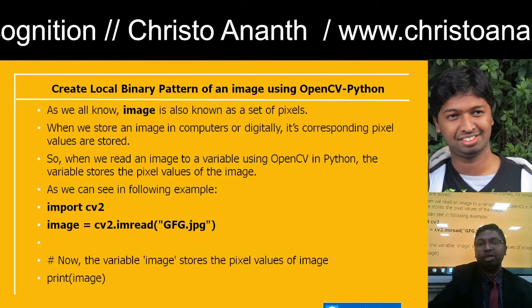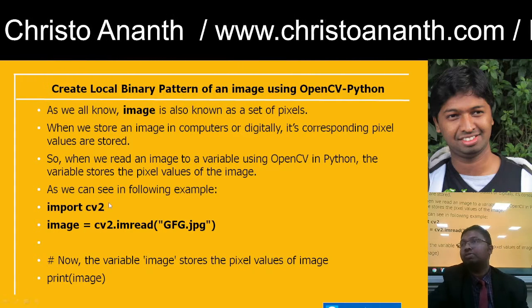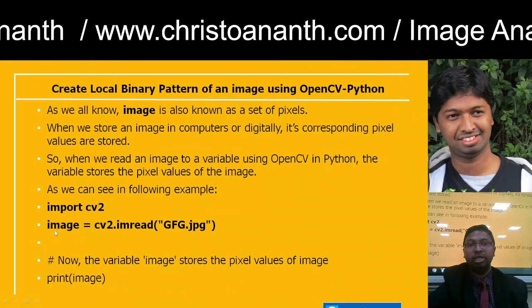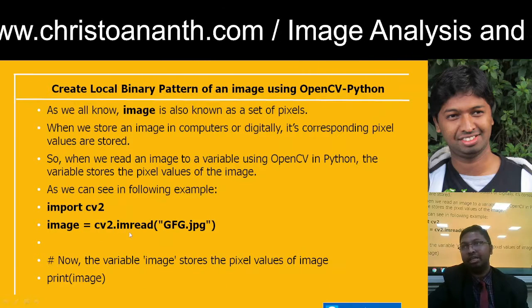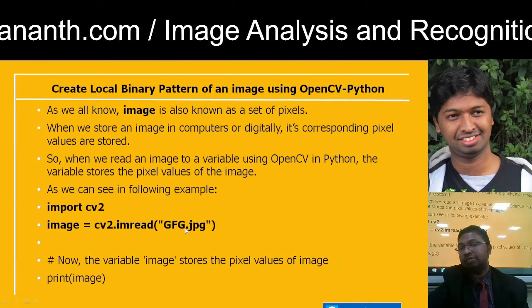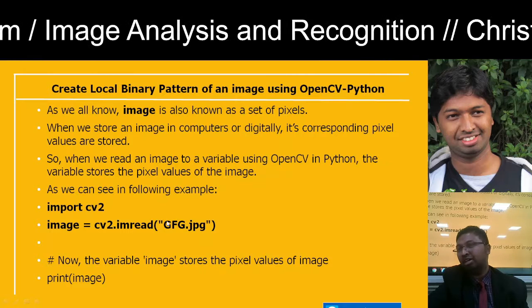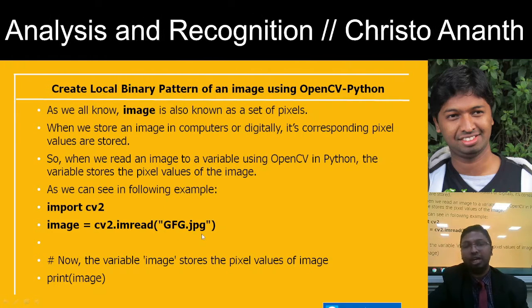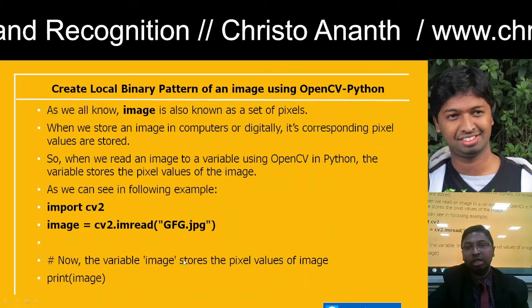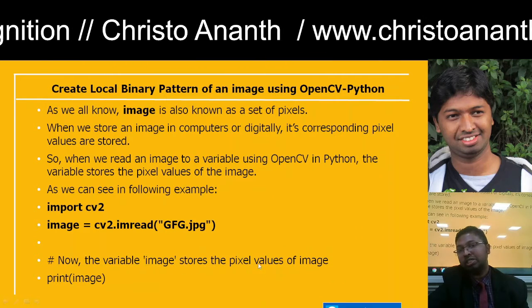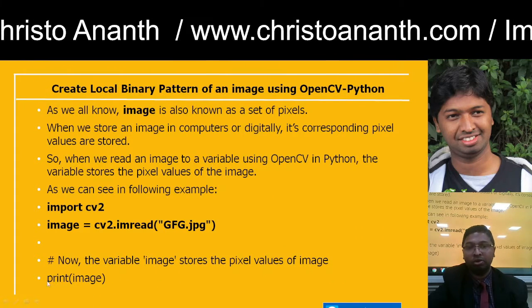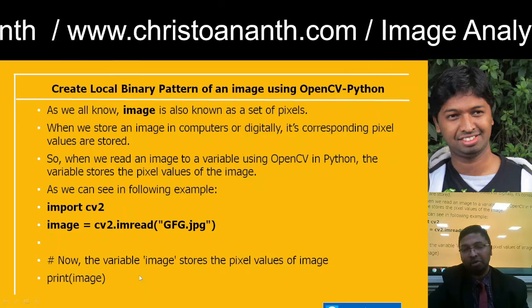So in Python you will have import cv2, image equal to cv2.imread of gfg.jpg, or maybe apple.jpg. So now the variable image will be storing the pixel values of that particular image. Maybe you'll go with print of image.